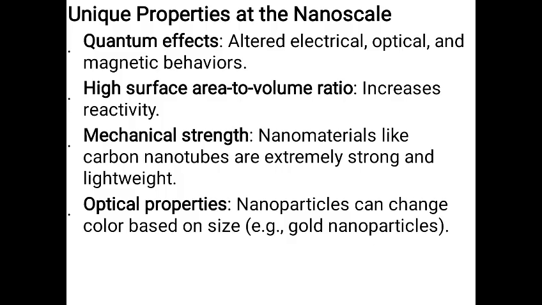Mechanical strength. Nanomaterials like carbon nanotubes are extremely strong and also lightweight. Optical properties. Nanoparticles can change color based on size. That is, they are able to emit different colors with respect to the variation in their size.